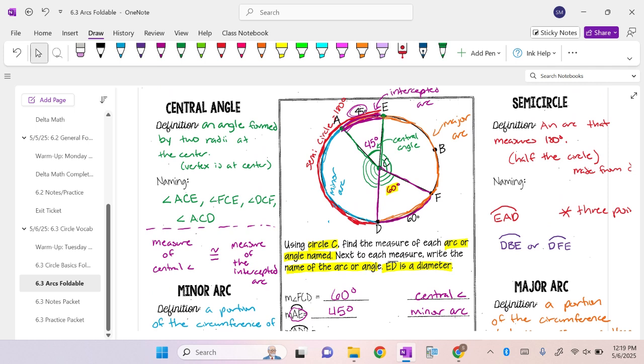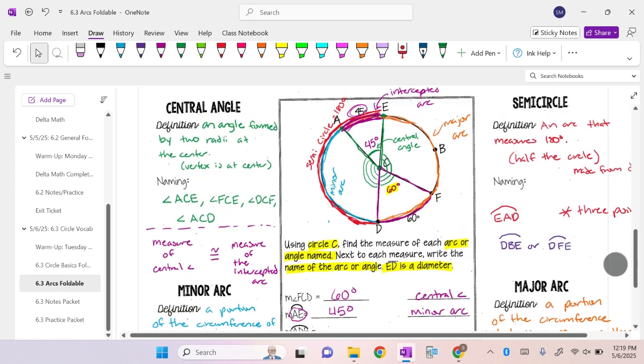First off, would it be a major arc, minor arc, or semicircle? It's a major arc. Why? It's more than 1/2, but also, how's it labeled?